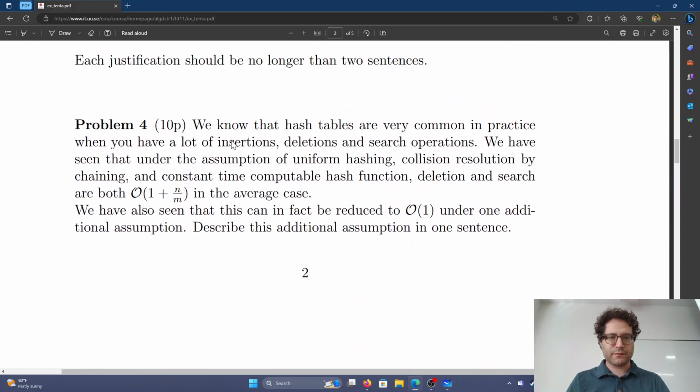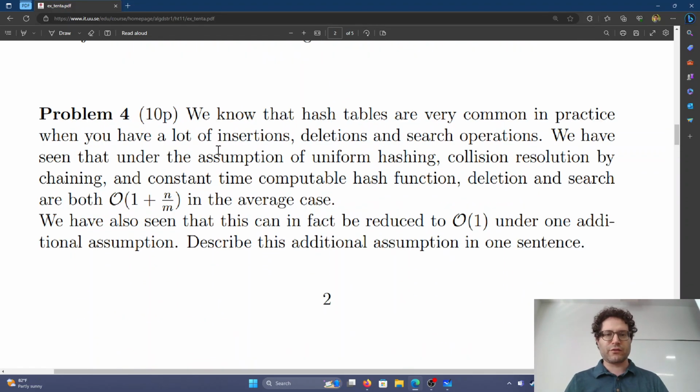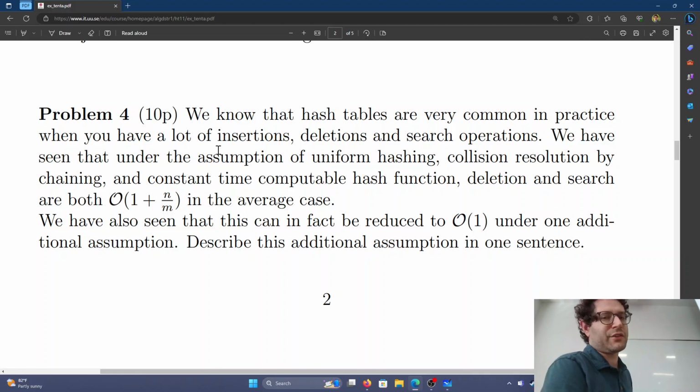Okay. So this is one that's good for hash tables. We know that hash tables are common in practice when you have a lot of insertions, deletions, and search operations. We've seen that under the assumption of uniform hashing, collision resolution by chaining, and a constant time computable hash function, deletion and search are both 1 plus n divided by m worst case.